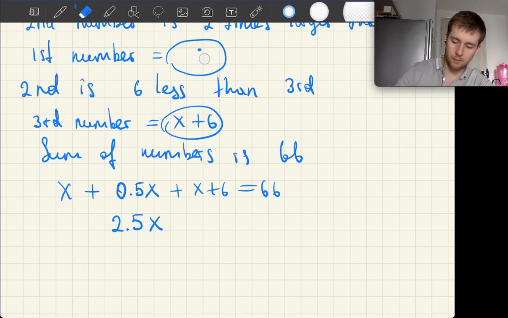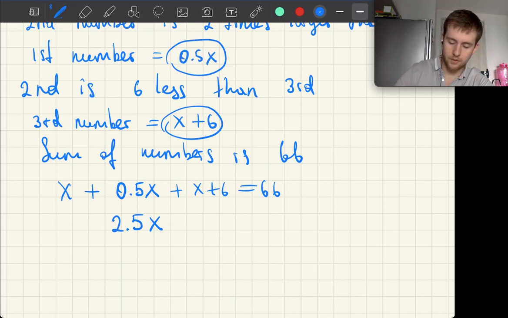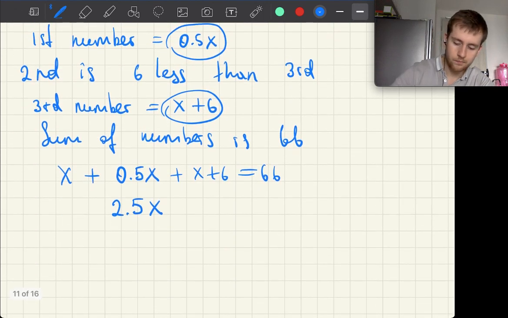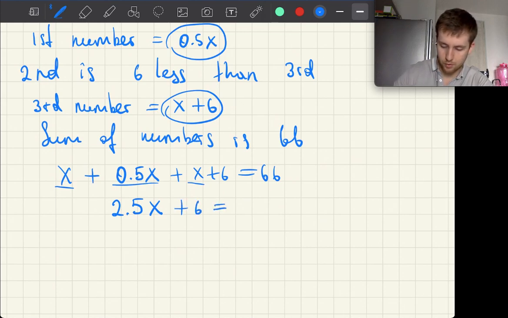Okay, let's make it a little bit less confusing. The first number is half of the second number. So 2.5x we get together. So these are our x's, together 2.5x plus 6 equals 66.